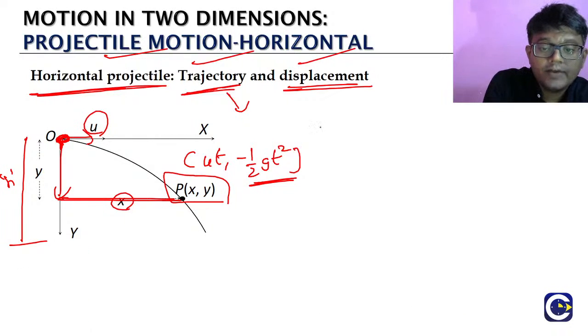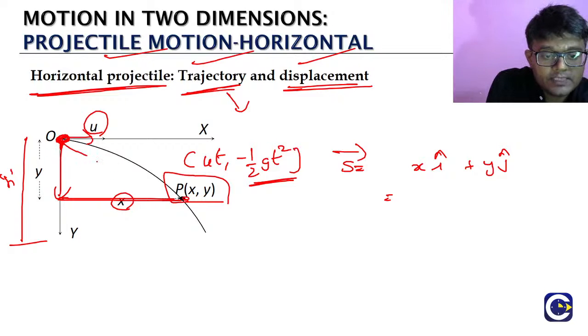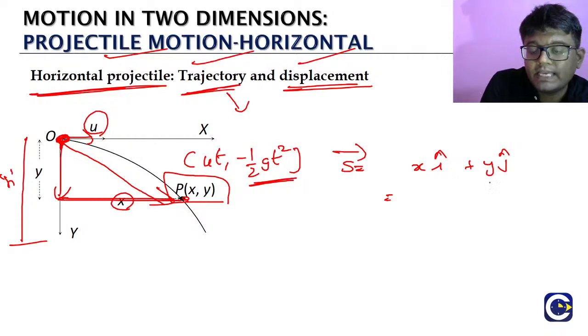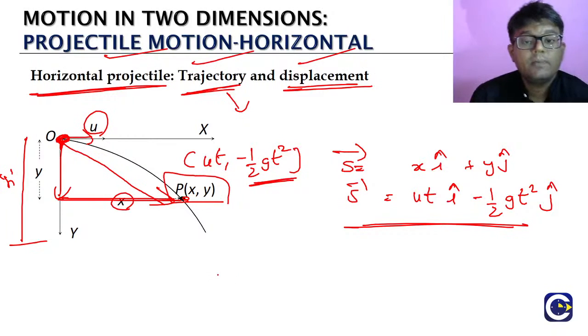See, all these formulae we have to remember. So if you want to find the displacement, the displacement vector is given by x into i cap plus y into j cap, no? It is the vector from origin to the final point, which is ut into i cap minus half gt square into j cap. This is the displacement vector. Like that we will be able to give.